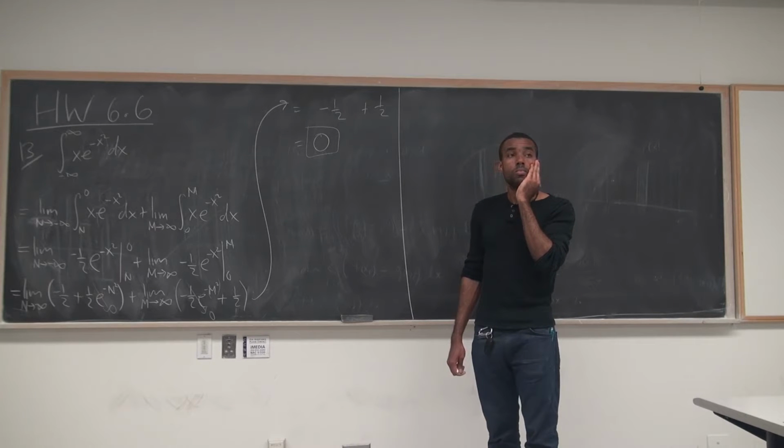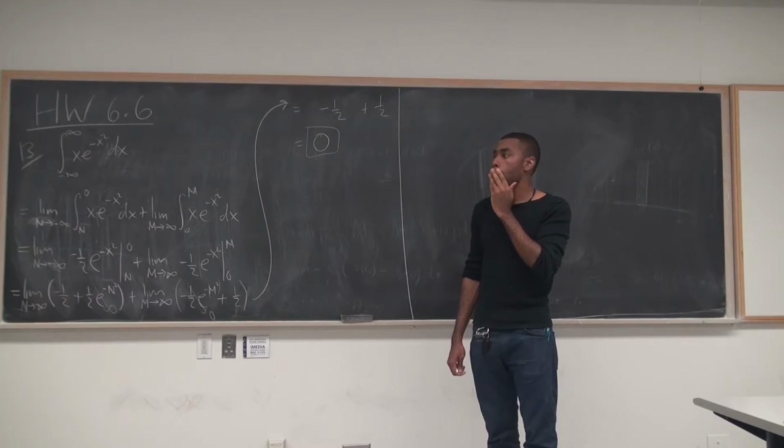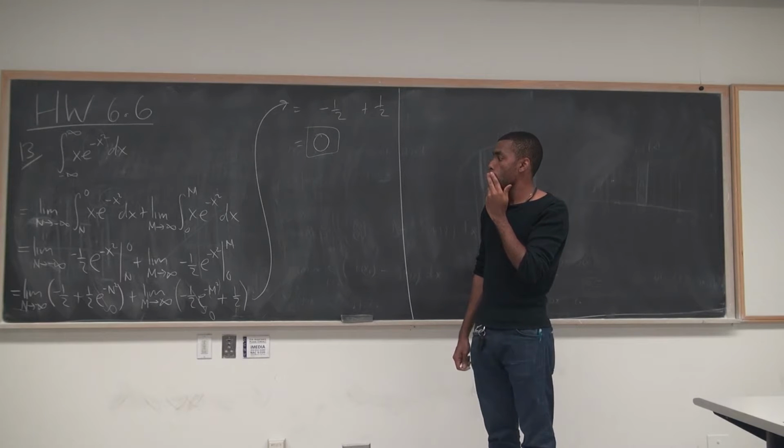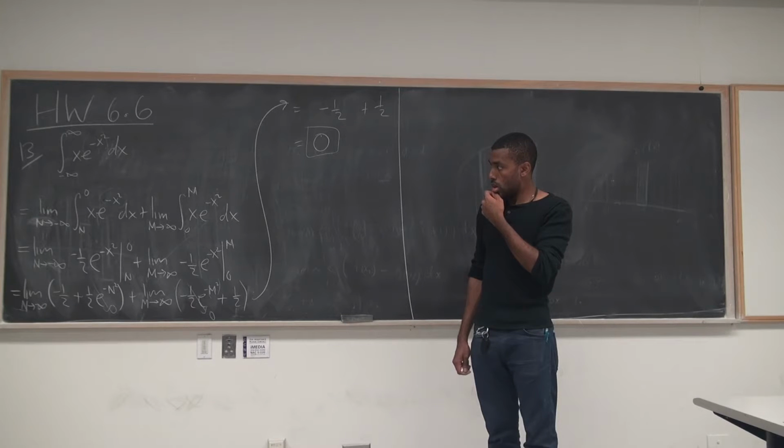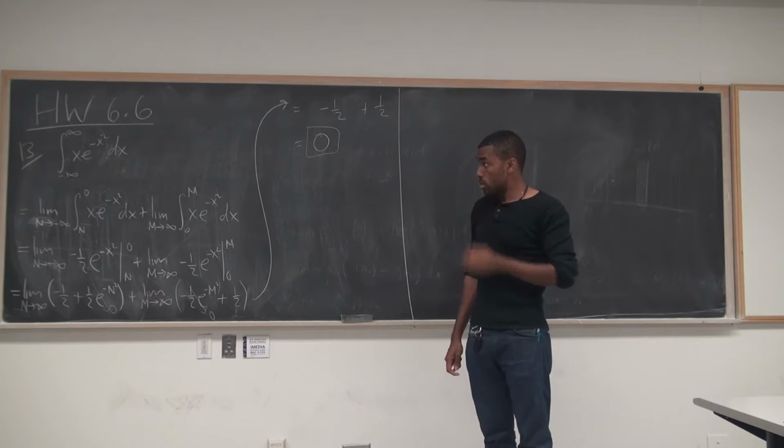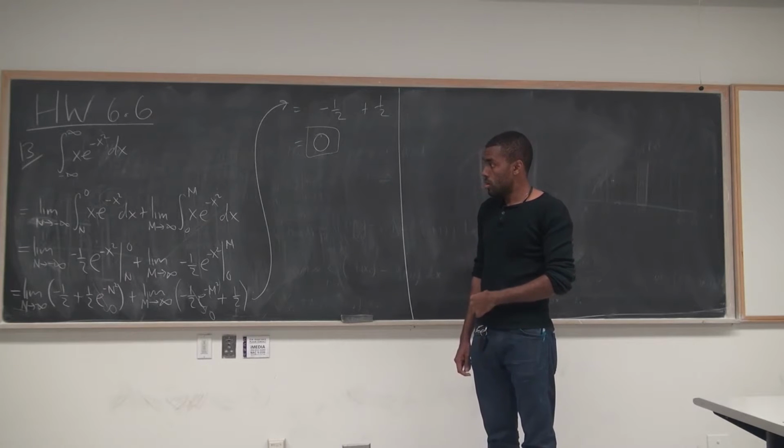If you use the u substitution, can you change the limit? Like 1/2 e to the u and change the limit. You could do that, yeah, but you would have to change the limits.